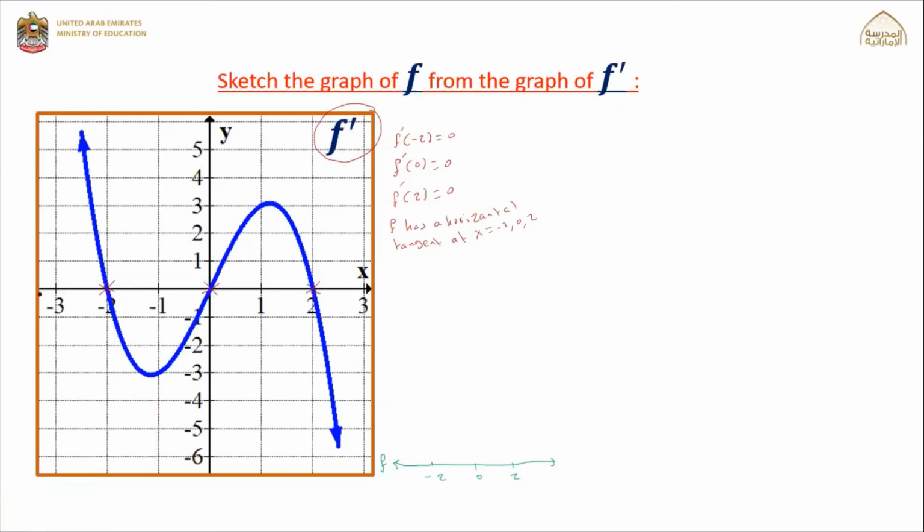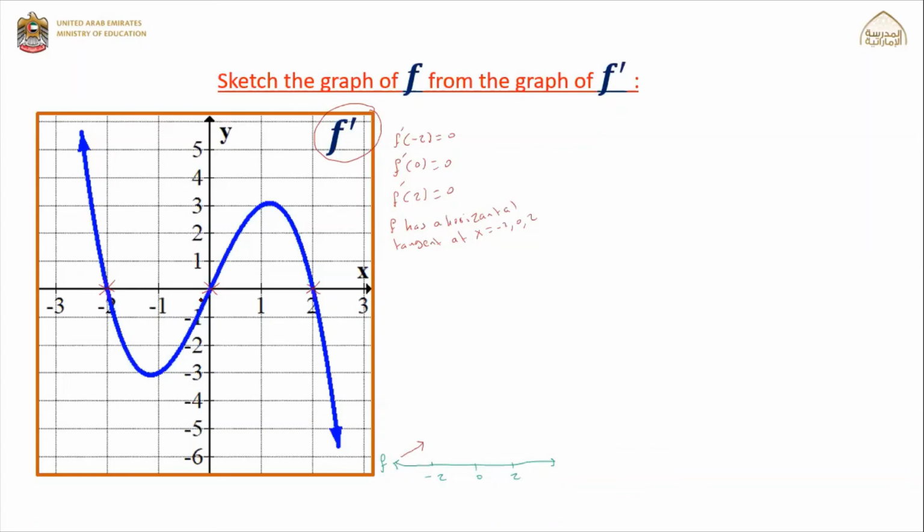From -infinity to -2 it is up the x-axis, that means f prime is positive. F prime is positive, that means f is increasing, because all tangents of f in this interval have a positive slope. And a function which has a positive slope is increasing.